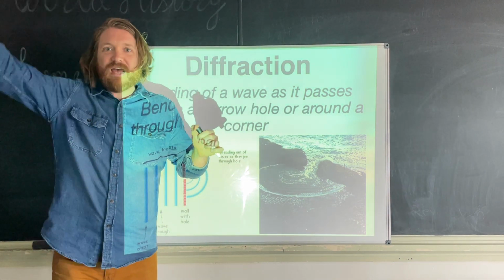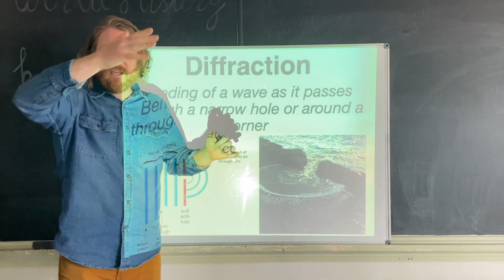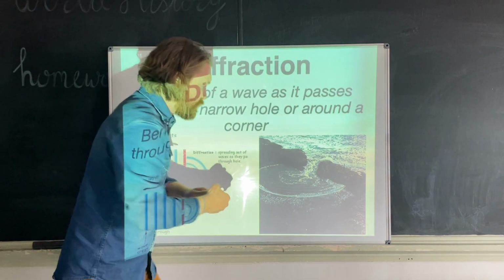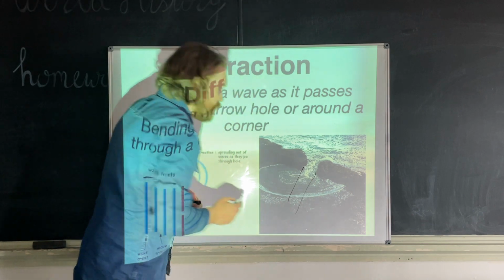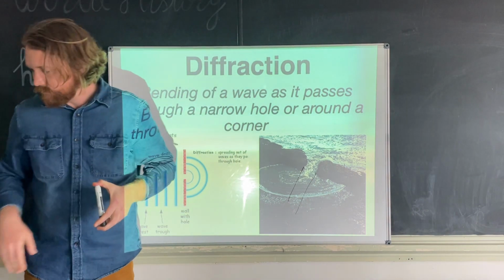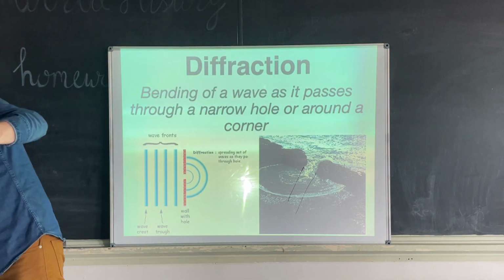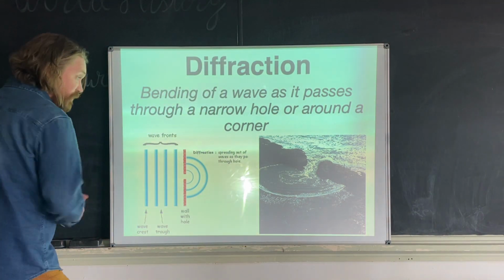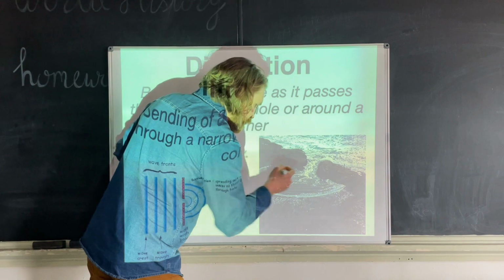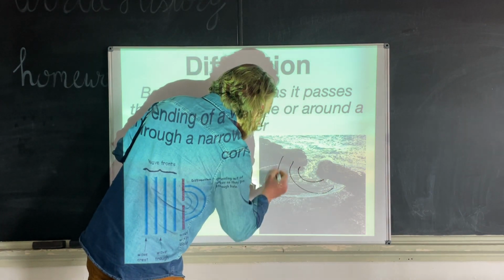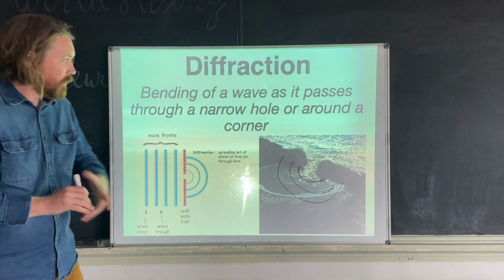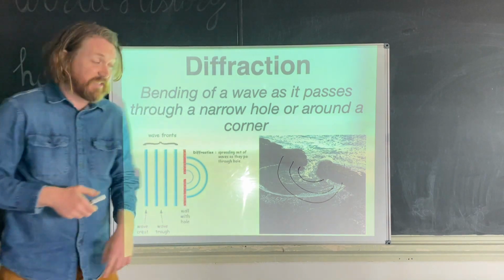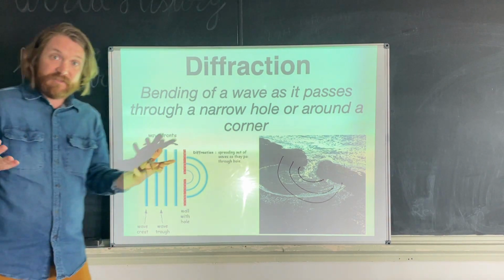If water was outside of the room and it came flooding in through the door, the water wouldn't just go straight into the door. Not at all. As I'm sure you're aware, if that water came through the door, it would do exactly what you're seeing here, and it would spread out like this. That is exactly what we see, and that is diffraction.